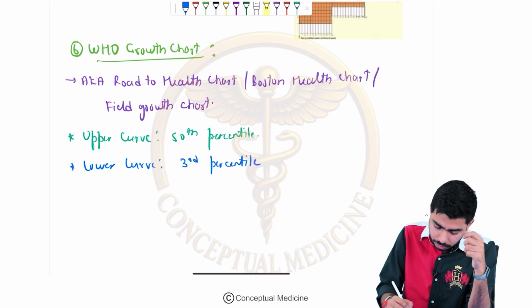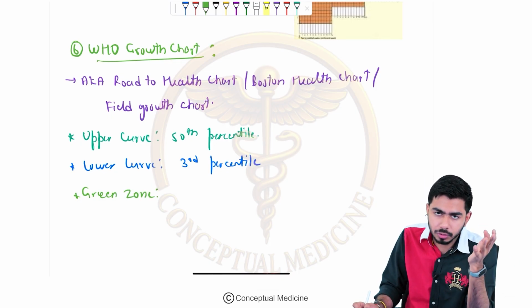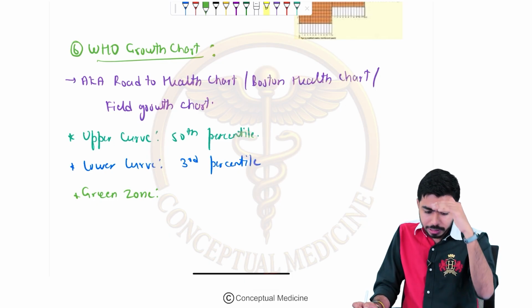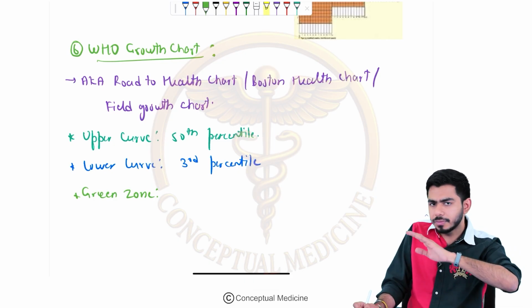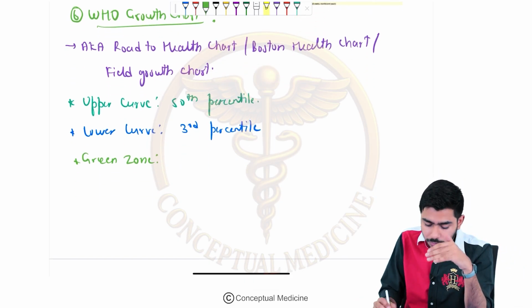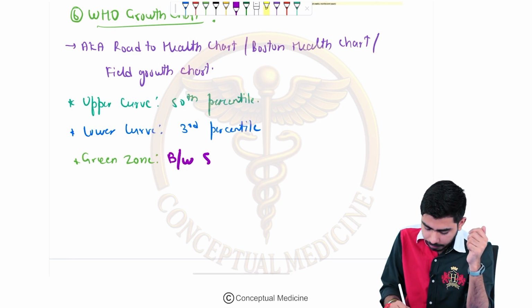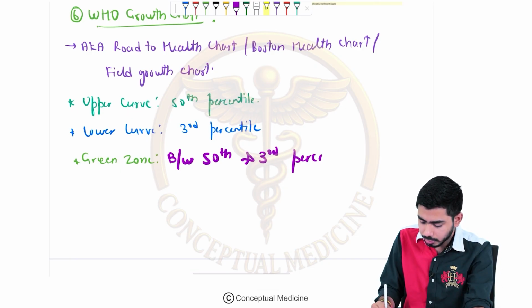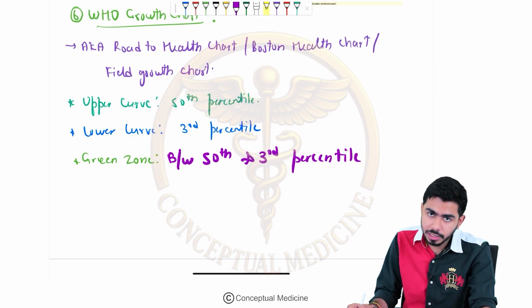Here also we have the green zone, and that is the only zone we are talking about over here, because there will be the green zone, and below that will be considered as undernutrition. So the green zone will be between the 50th and 3rd percentile.